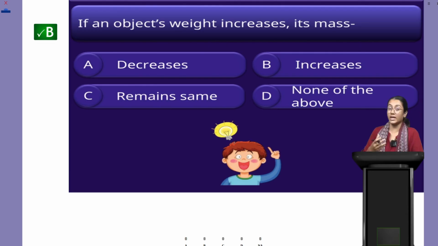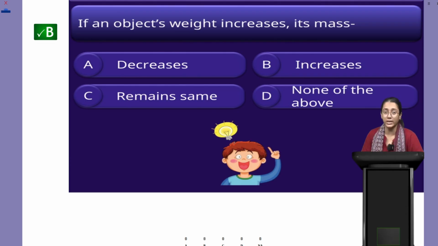From this we can say, like we have studied earlier also, the object which is more heavy, that means it has more mass, right? I am writing again, the object which is more heavy has more mass, isn't it?